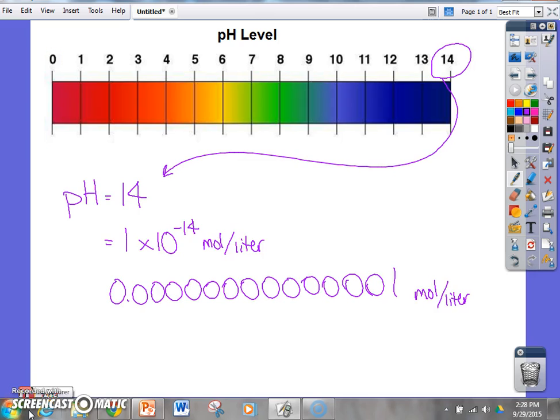The scale ends at 14 because a pH of 14 equates to 1 times 10 to the minus 14 moles per liter of hydrogen ions, which in decimal form is 0.000, 13 zeros and a 1 moles per liter. Scientists determined that once you get a smaller concentration than that, you can't actually find any hydrogen ions even if you try to go look for them. So that's the lowest possible concentration they could measure, and that's why the pH level stops at 14.